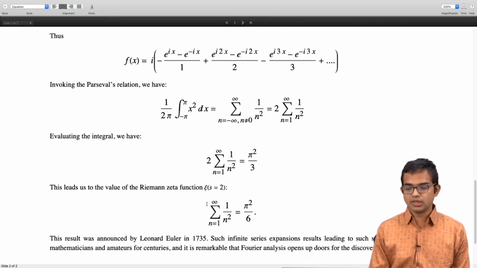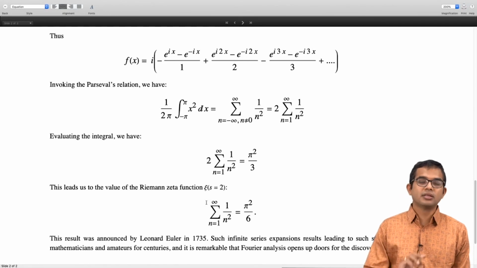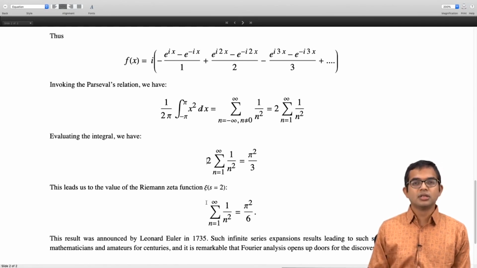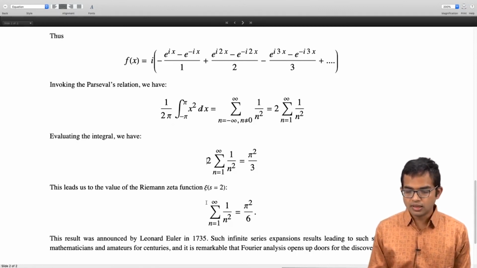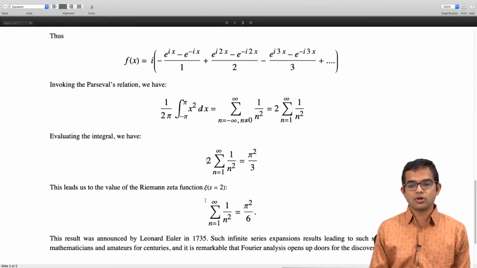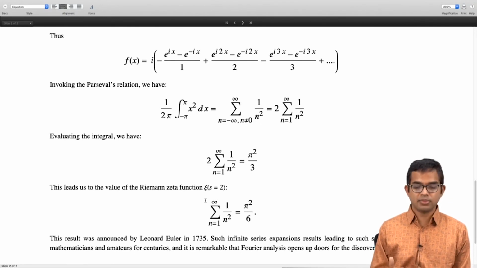We have already seen another series, the Leibniz series, which was also like a magic trick that got us there. There's a whole bunch of these kinds of series which one can extract using Parseval's relation, or other methods, Dirichlet conditions.